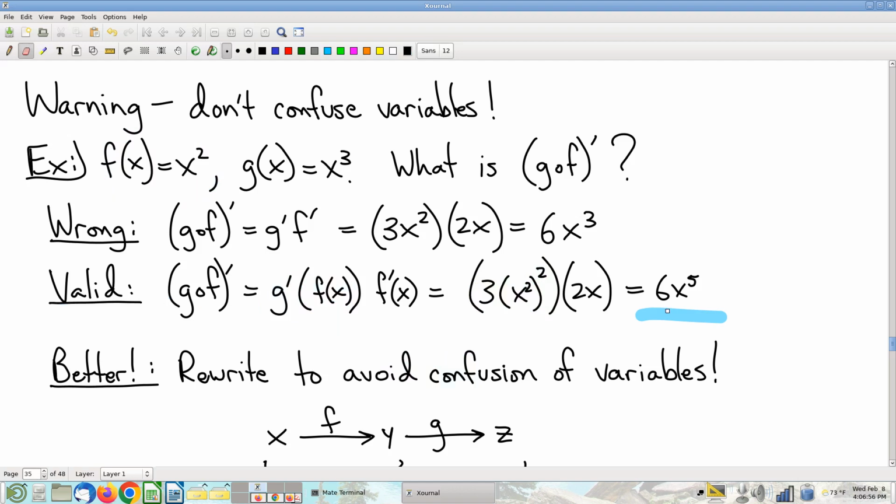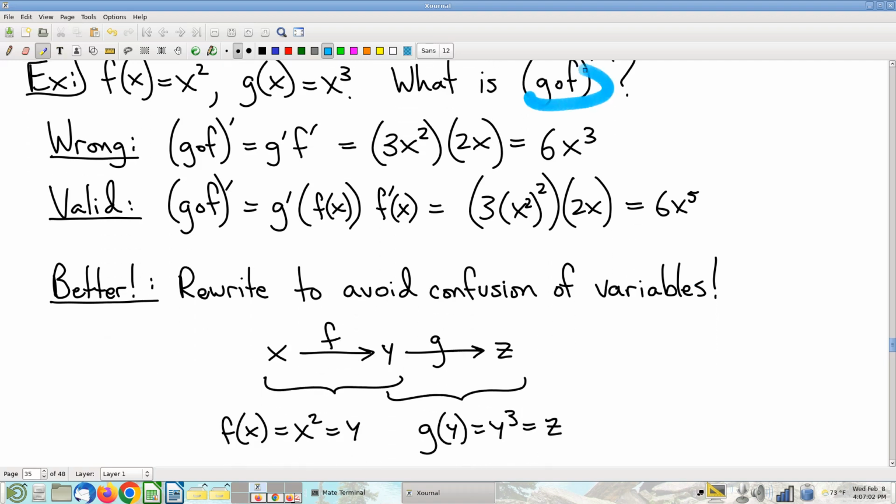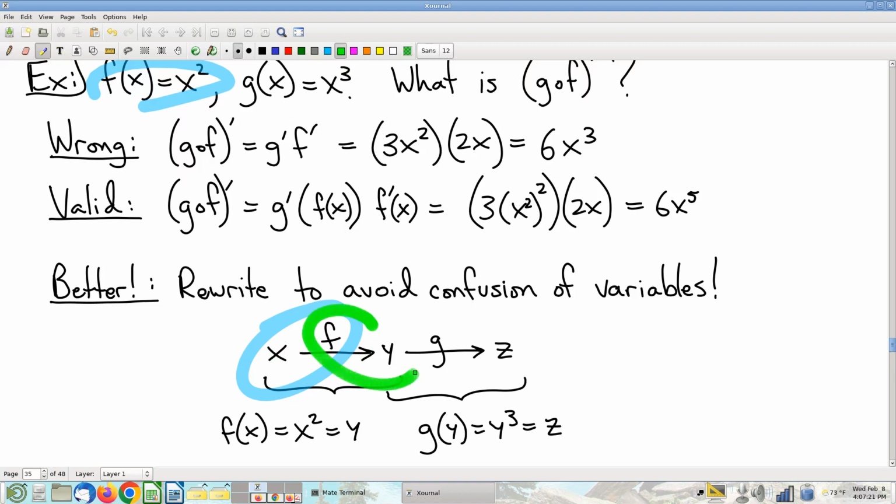Let me show you what I think is the much more natural way to do one of these, and that is to just recognize that when you compose two functions, you've got to think about what variables we are going to put in what places to keep track of what's happening. Well, if f is written in terms of x, as it is here, what am I going to call the output from f?